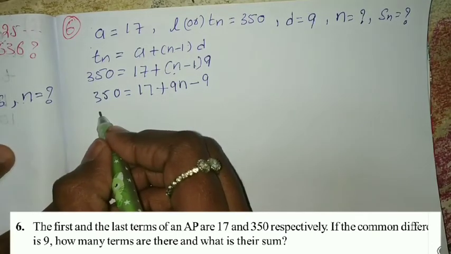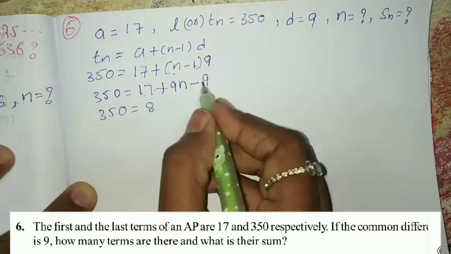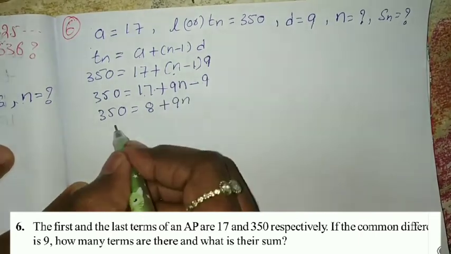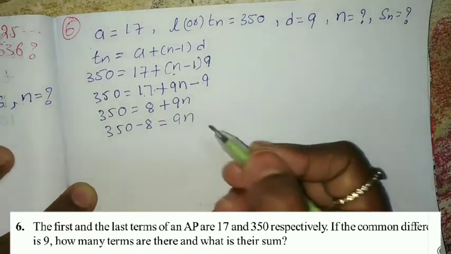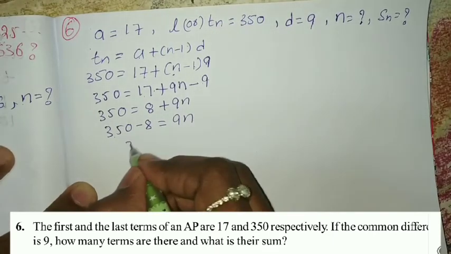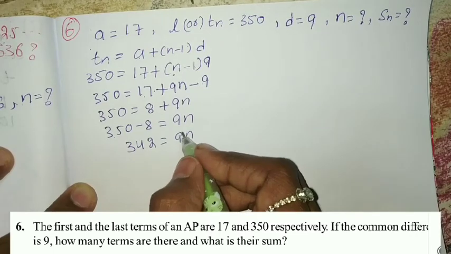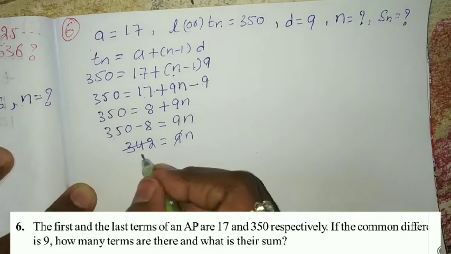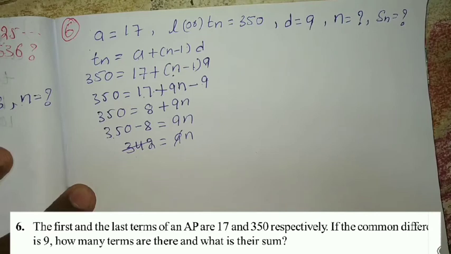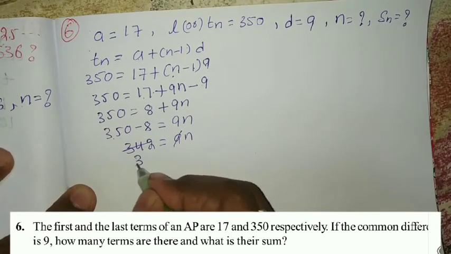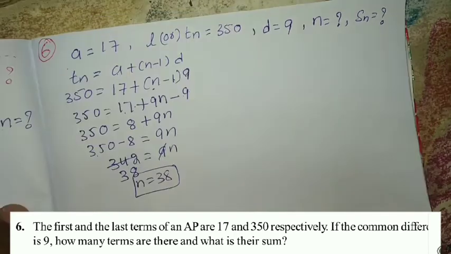Next, 350 is equal to 17 minus 9, we get 8, plus 9n. So 350 minus 8 is equal to 9n. We can write that, right? So 350 minus 8 is 342, equal to 9n. So cancel: 9 ones are 9, 9 threes are 27, 9 eights are 72, it works out. So n is equal to 38 is our result.